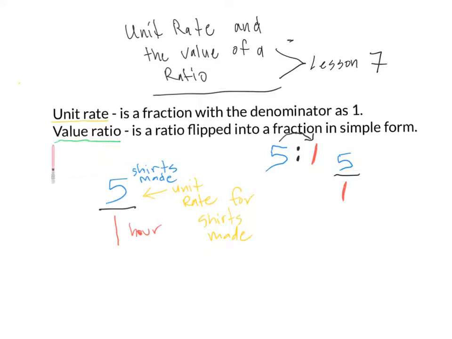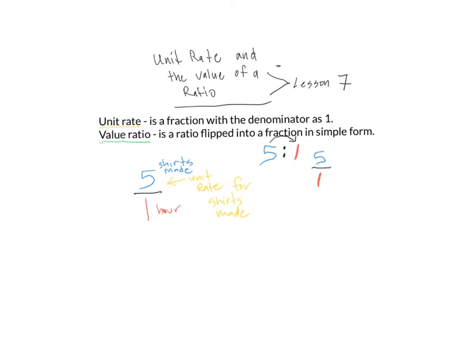Like I'm looking in IXL and I don't really see this, and this is why I tend to use the term unit rate, but to be more correct, all unit rates must have a denominator of 1. If they don't have a denominator of 1, technically they're not a unit rate, but they are just an expression of the value of the ratio. So let me show you what I mean by that.